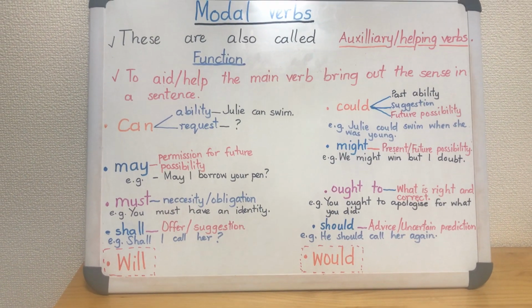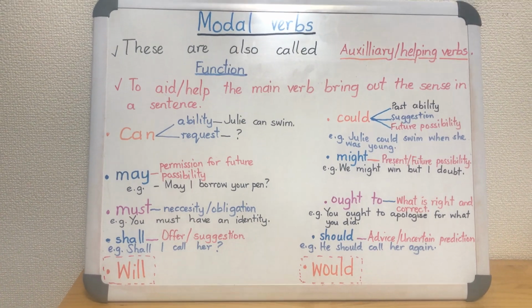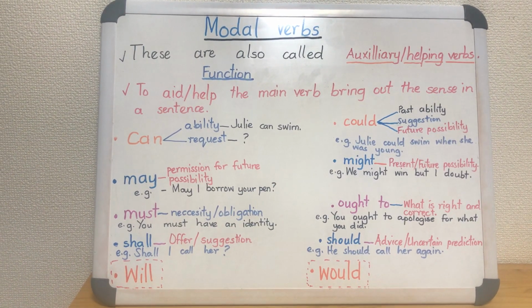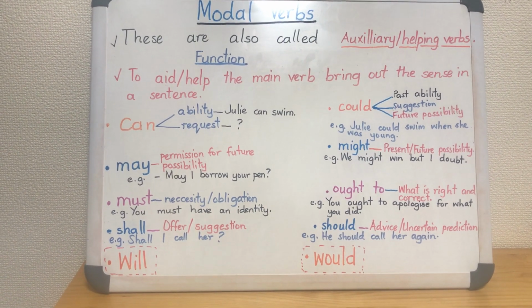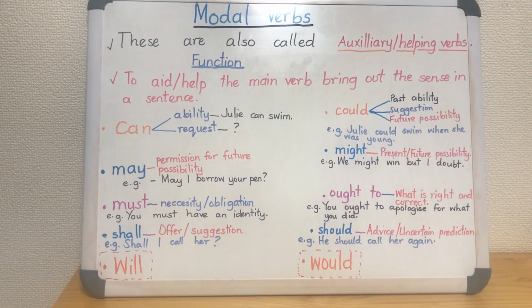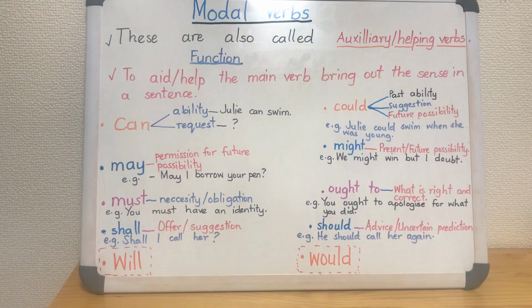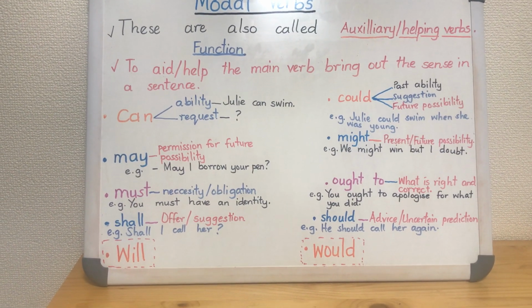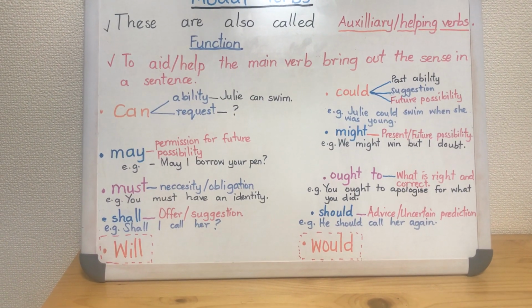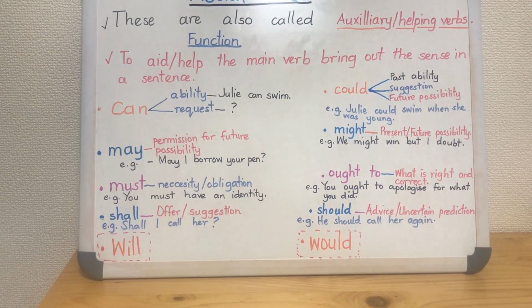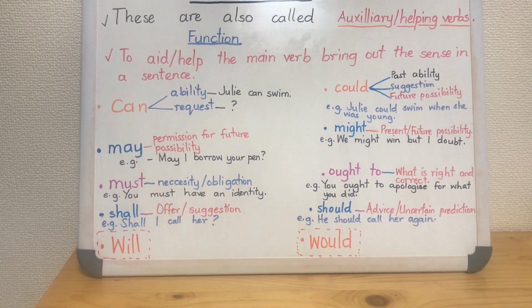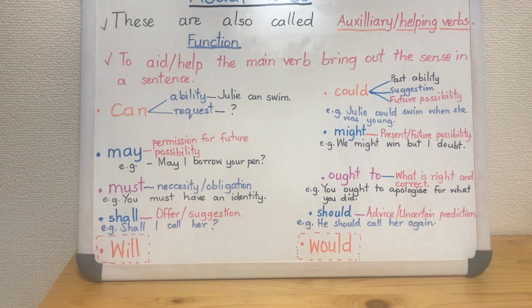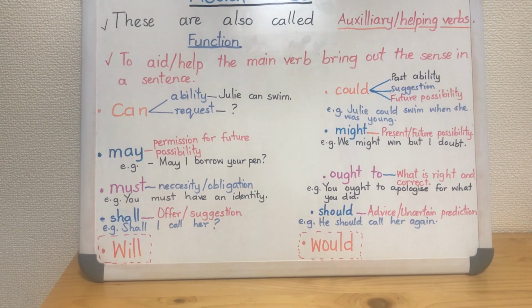Must and ought to is our third pair of modal verbs. Must concentrates on necessity or obligation. And the example that I gave is, you must have an identity. Is it necessity?